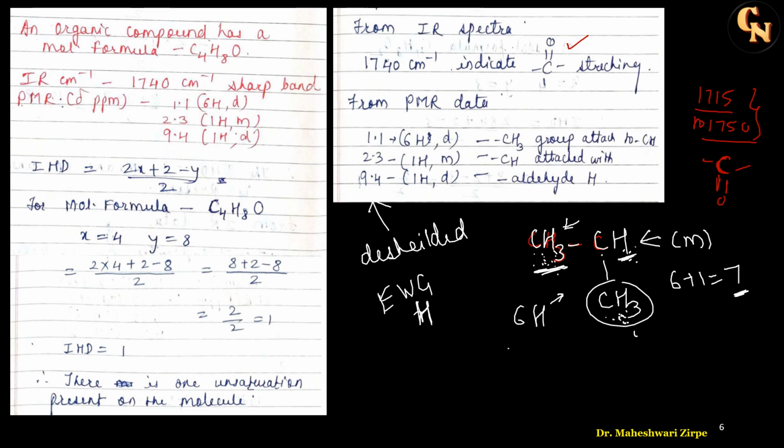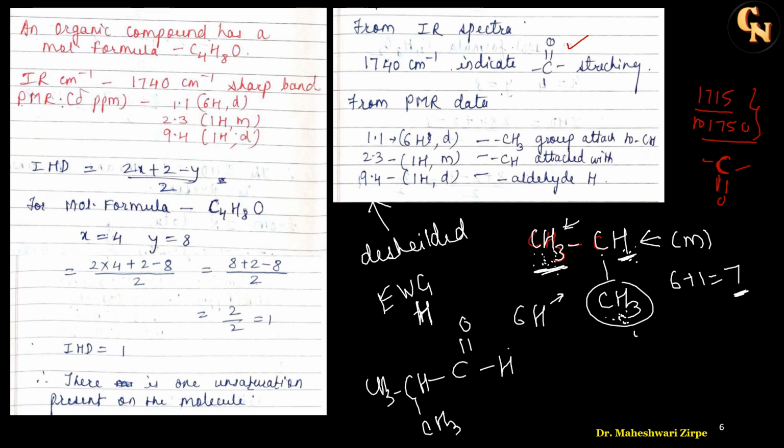And it is a doublet. Doublet means C double bond O H, attached with this hydrogen, this way, and CH3 and CH3. If you connect all these dots, you will get this structure.